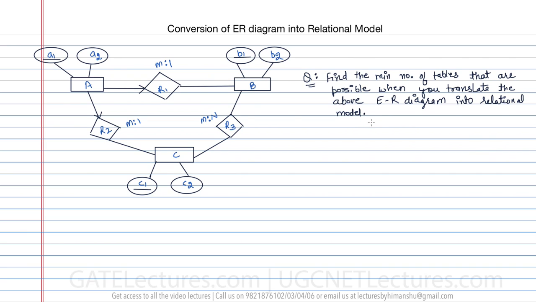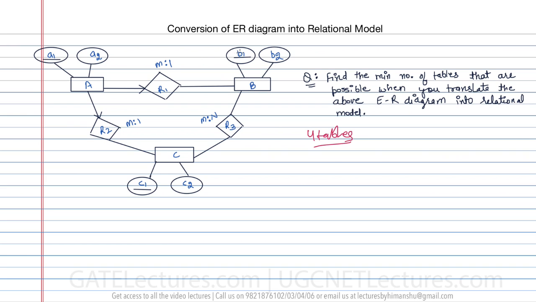Now let us take this example. It is a previous year question. They are asking in this question: find the minimum number of tables that are possible when you translate the above ER diagram into a relational model, right? If you translate this, how many tables are required? Okay, so the answer is 4 tables. Why are 4 tables required?